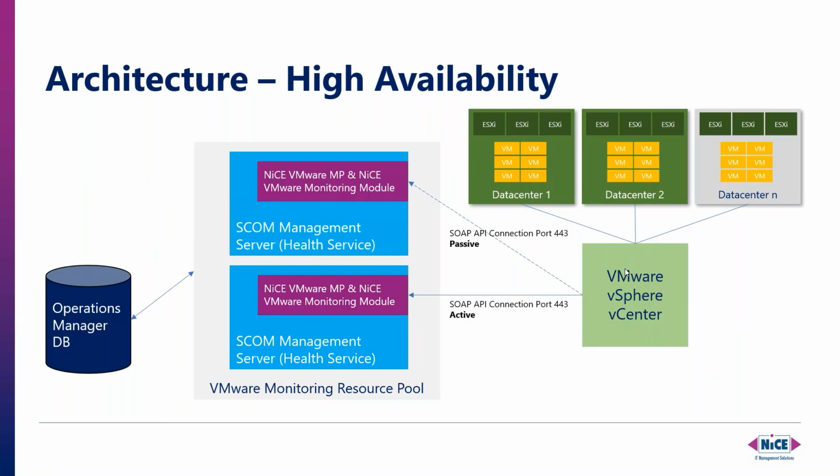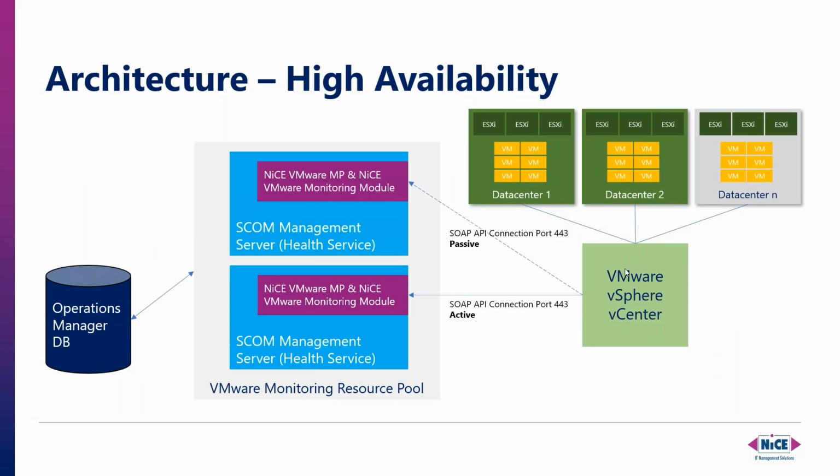Now we have both management servers in one monitoring resource pool, and this resource pool is responsible for deciding which of the management servers is active to collect the data. This data is collected per VMware data center. Each VMware data center has its own thread and its own connection, so it also balances a bit across the resource pool.